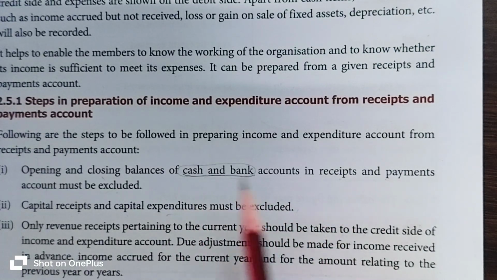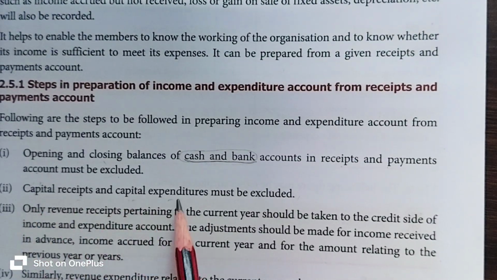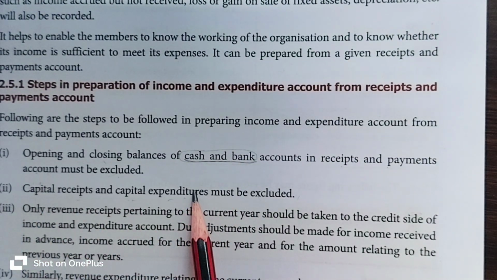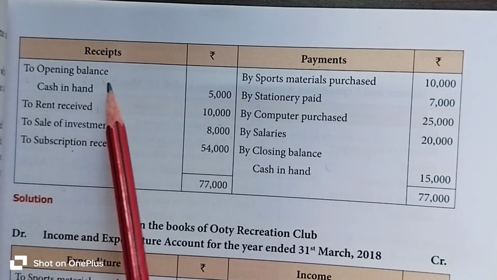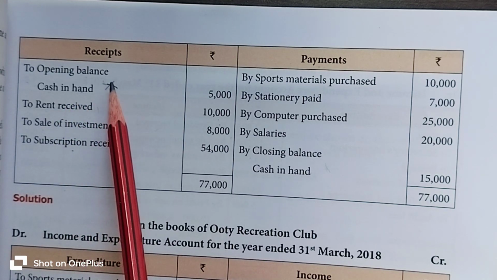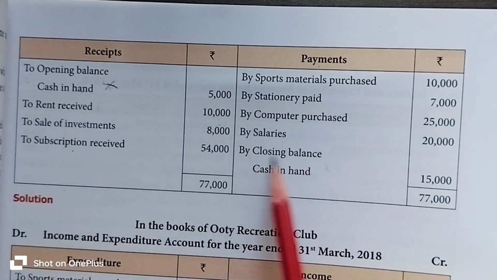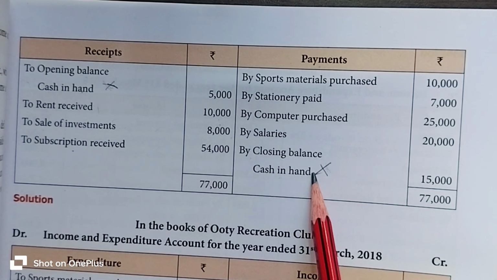Also, capital receipts and capital expenditure will not appear in the income and expenditure account. So the opening balance of cash in hand or cash at bank, and the closing balance of cash in hand and cash at bank, will not appear.